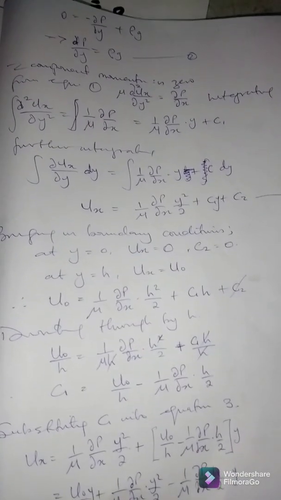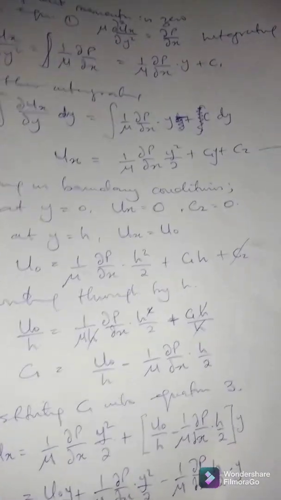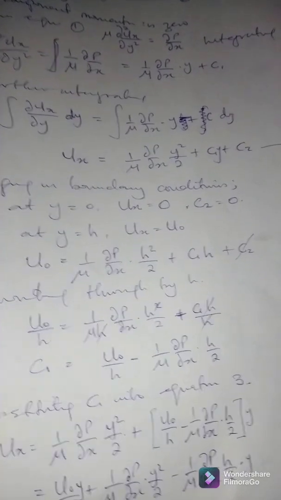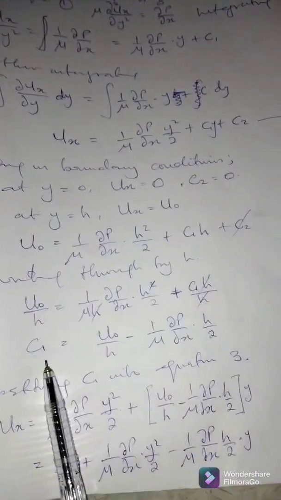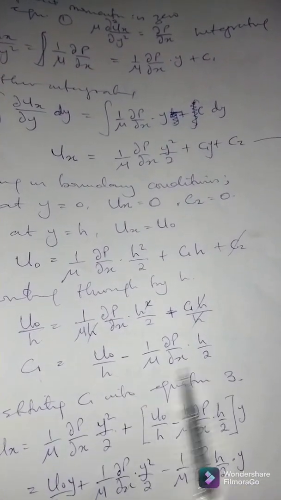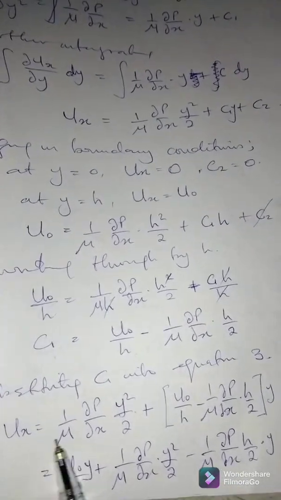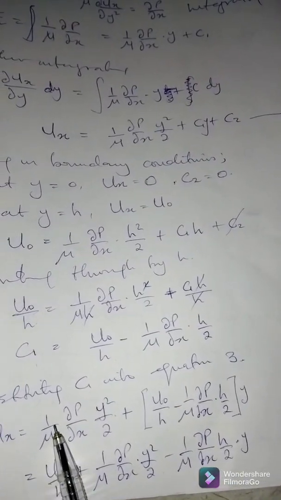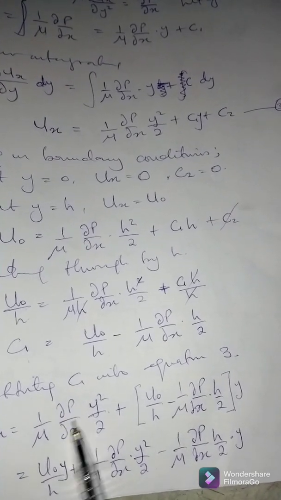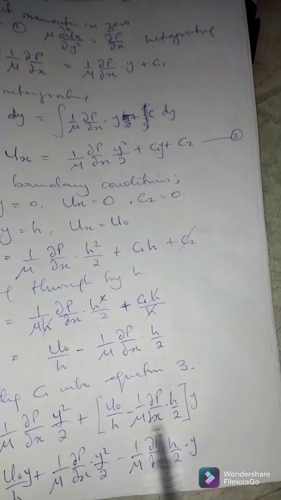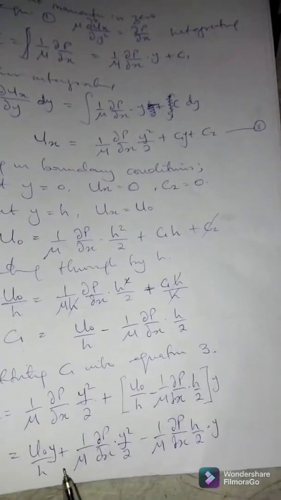So quickly, we're going to switch over to my notes and see how we solved it because of time and space. If we substitute the C1 expression into equation 3 as I explained earlier, this is what we'll have: ux equals 1 over mu partial p partial x y square all over 2 plus the C1 function.